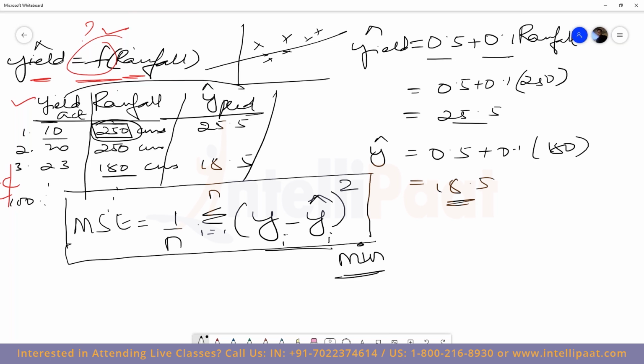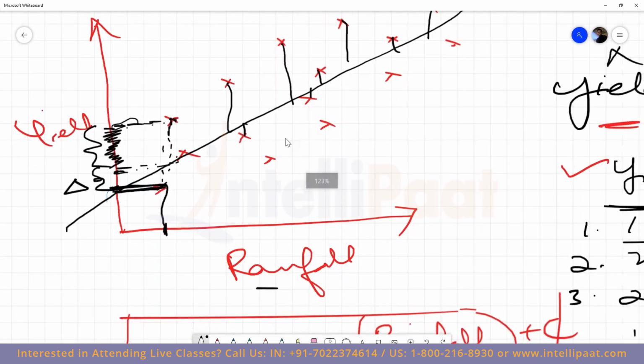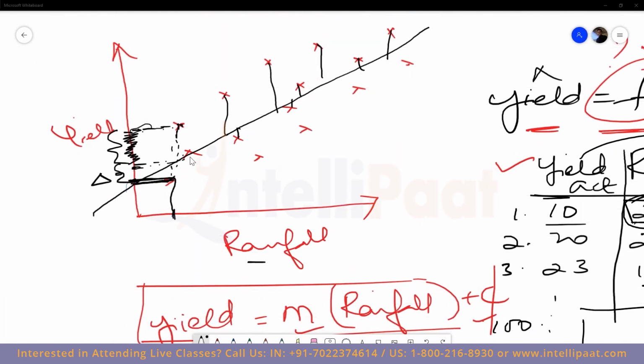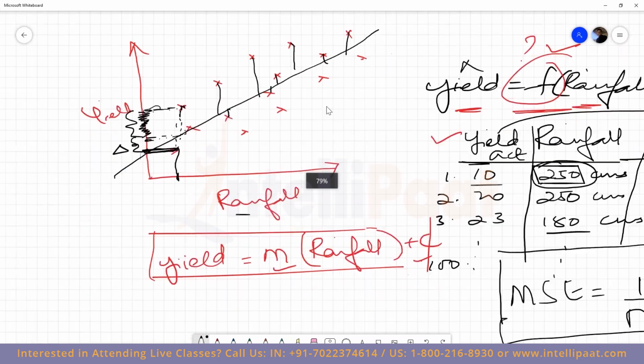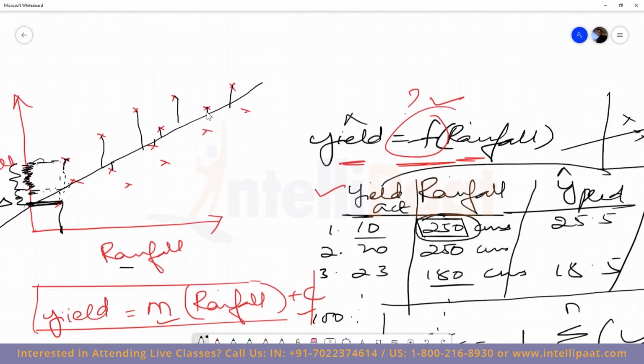Just to let you all know, this metric is simply a measure of how far away this line is from the data points. If the line is extremely far away, then you will see that the value will be very, very high. If the line is very close, then you will see that this value will be very, very small.